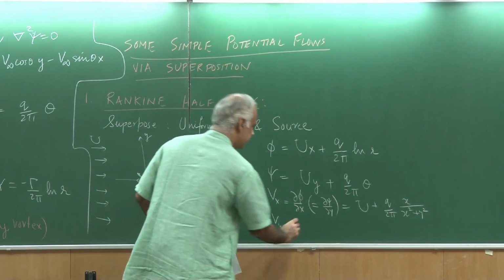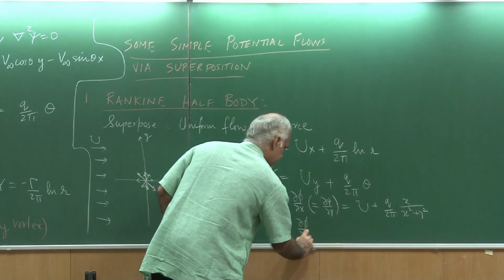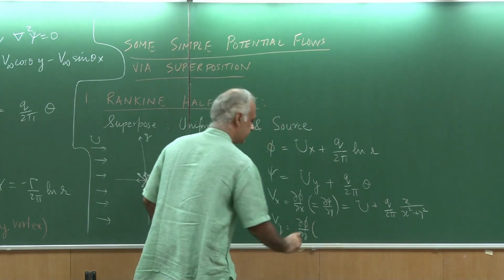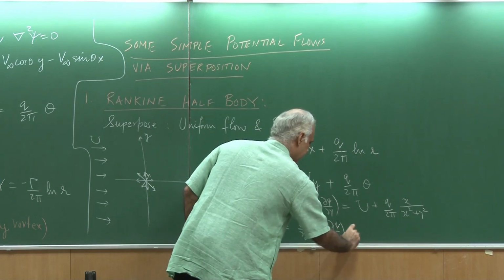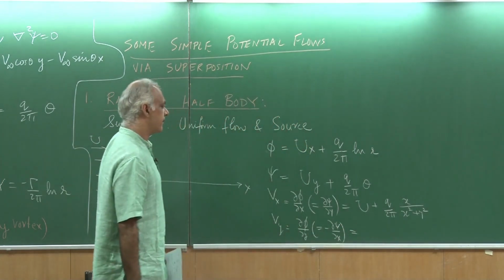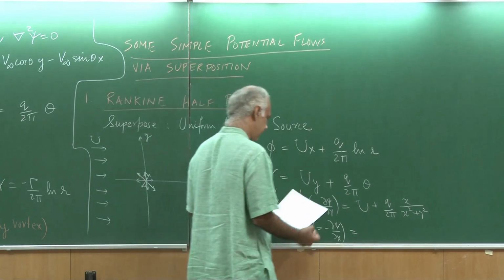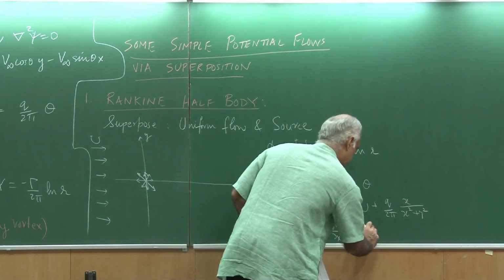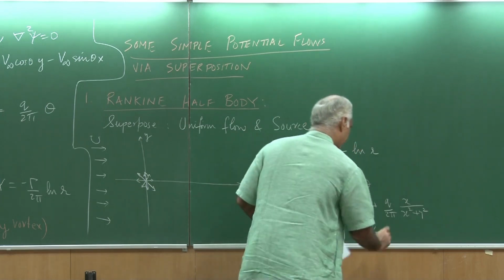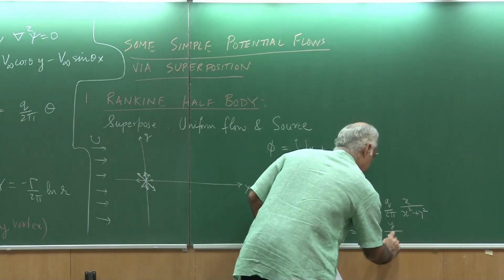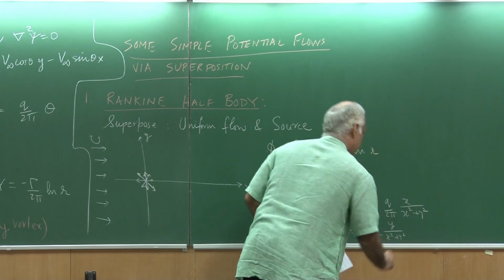Similarly, Vy is given as del phi by del y, or I could do minus del psi del x, and that would be simply q by 2 pi y divided by x square plus y square.